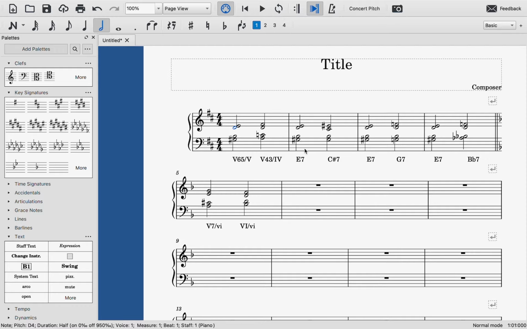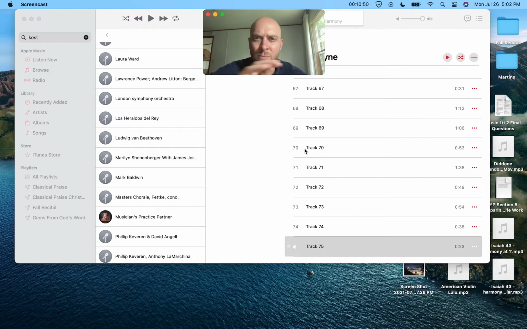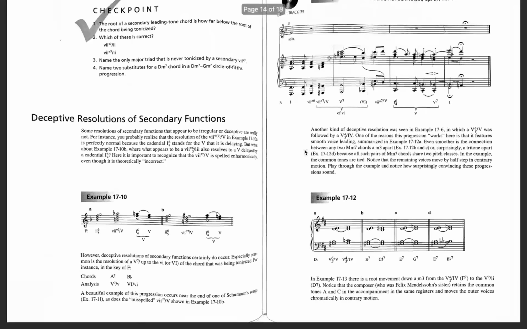Anyway, they all sound okay, it's not like some strange chords put together. You can get away with them, right? And you can see that in the repertoire.